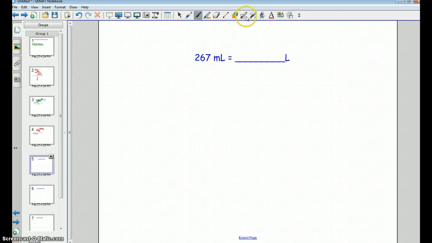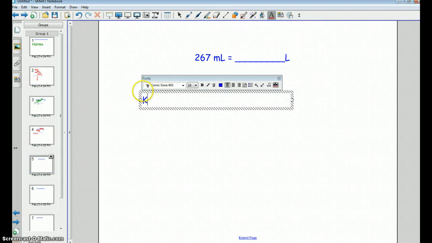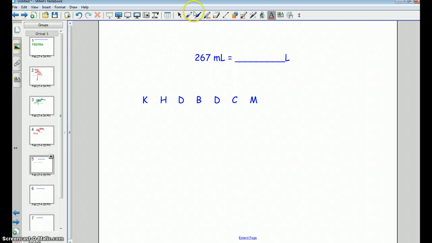267 milliliters equals how many liters? So once again, I write out my mnemonic device. King Henry died by drinking chocolate milk. I've got 267 milliliters. I need to go to liters. So I'm starting at my M for milliliter, and I'm going to the left. 1, 2, 3.